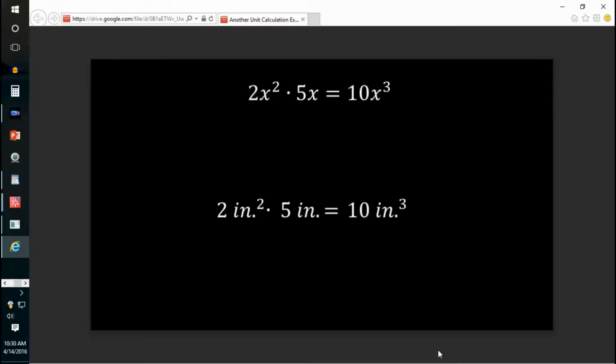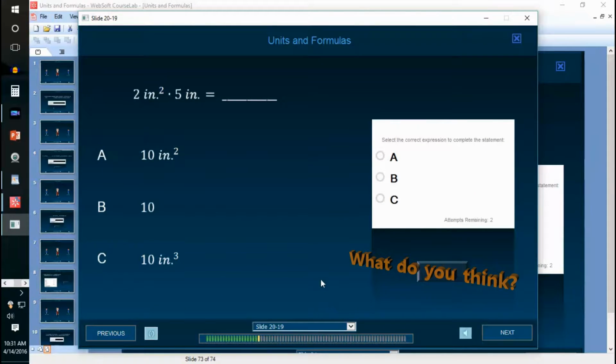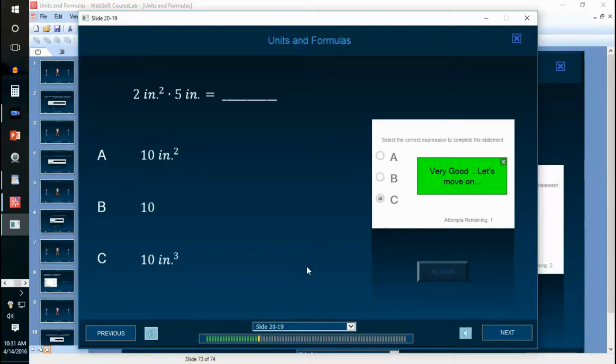Remember, inches squared times inches is inches to the third power. 2 inches squared times 5 inches equals which of the following? Good. The answer is C, 10 cubic inches.